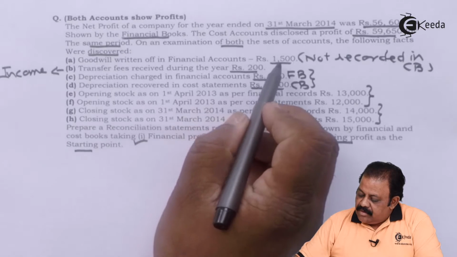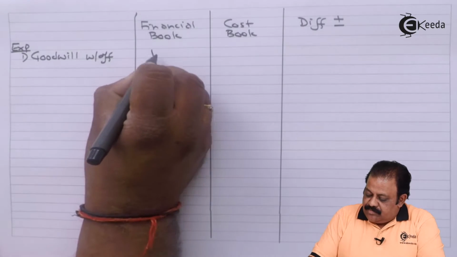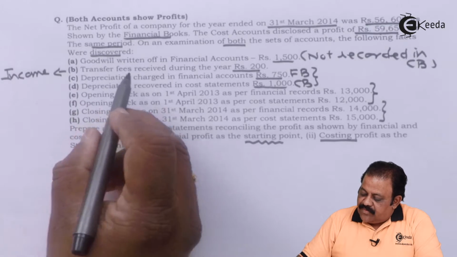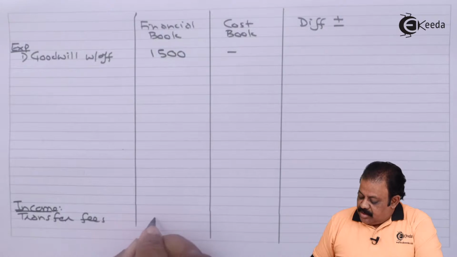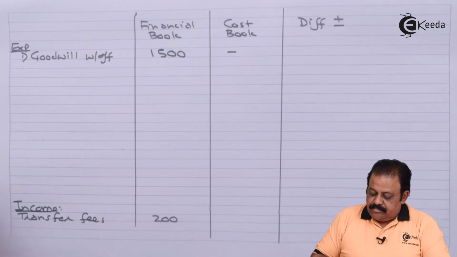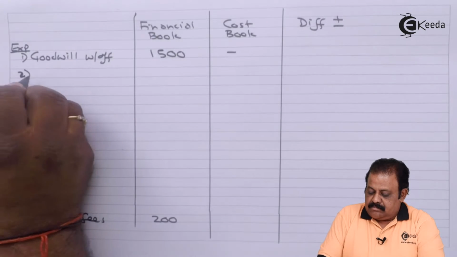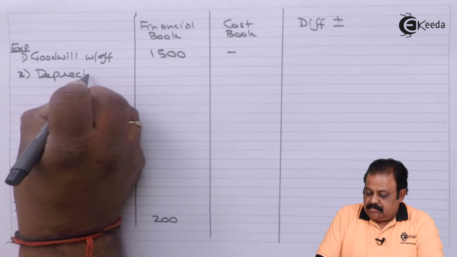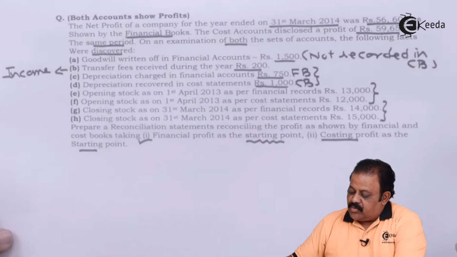Goodwill written off 1,500. This is recorded only in financial book. Transfer fees received during the year 200. It is recorded only in financial book. Depreciation in financial book 750. In cost book rupees 1,000.